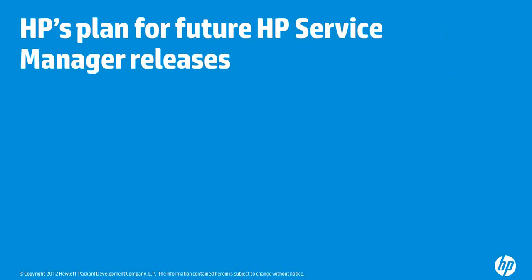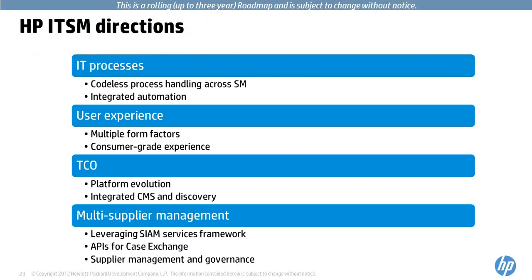We have more than that, but at this time we have crafted some versions and timeline for the next 3 years. So that's what I want to share. So what are the directions we're taking for Service Manager? The 4 directions that I want to highlight, the first one is around IT processes.